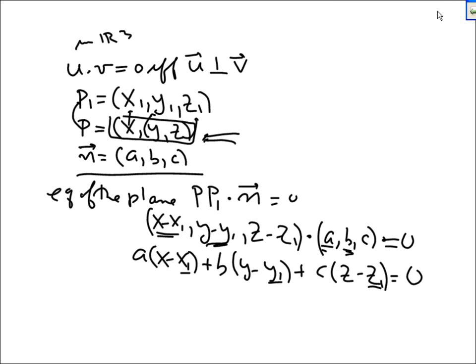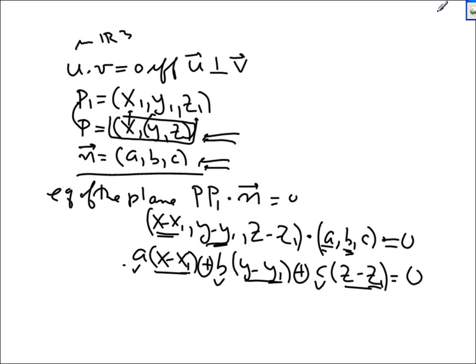So you have x minus that point, y minus that point, z minus that point, and the a, the b, and the c was the vector that was normal to it, and just put pluses in between.